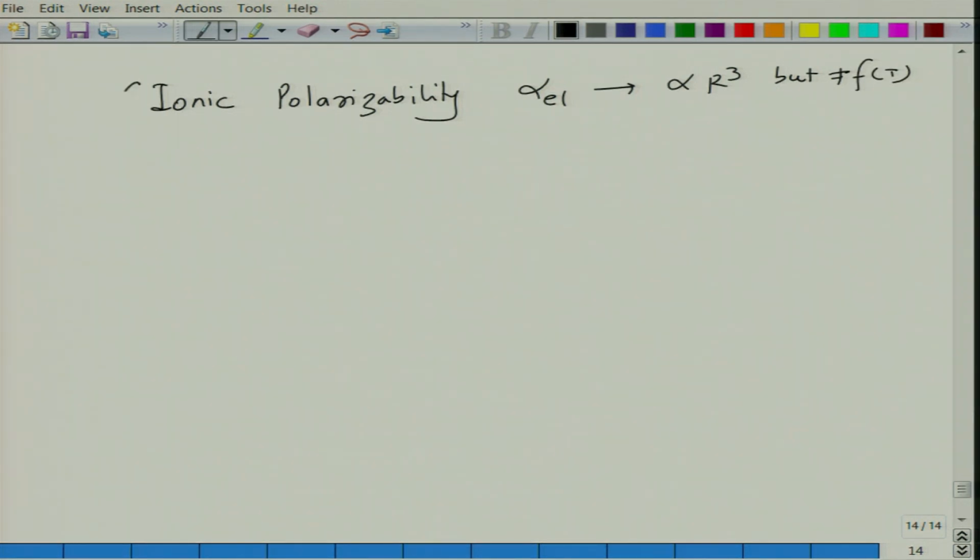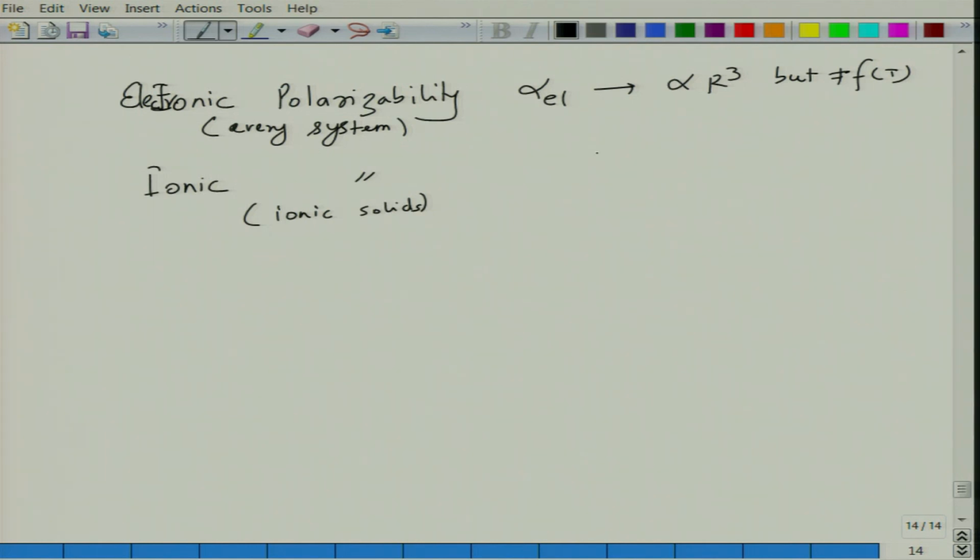This electronic polarizability is true for every system, because every system will have atoms. Then we have ionic polarizability, which is only for ionic solids, where we have cations and anions.